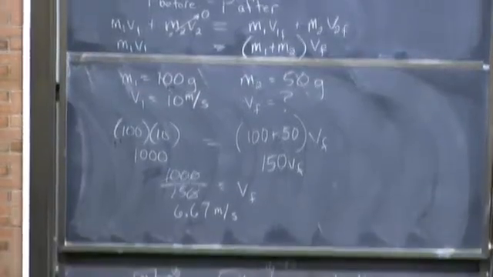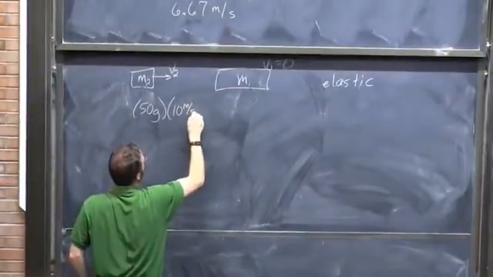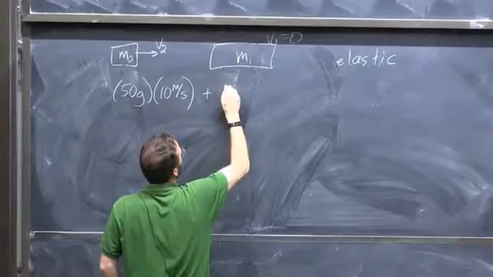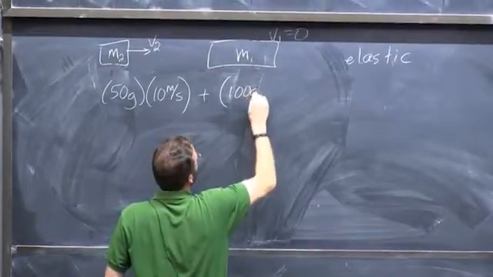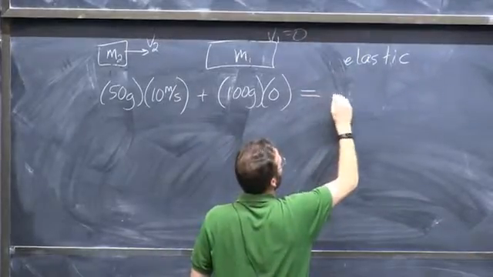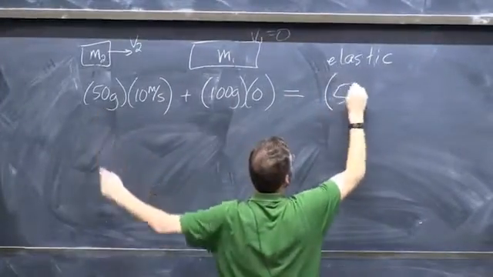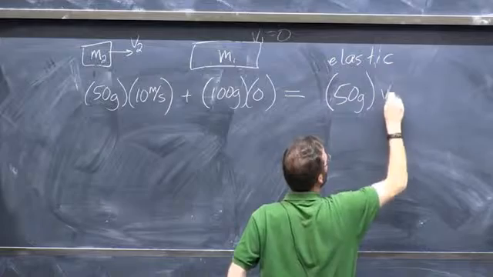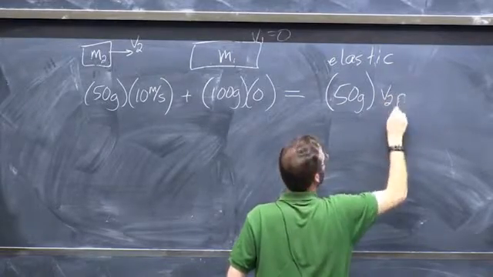Let's see, we got 50 grams going at, let's say, 10 meters per second, plus the 100 grams moving at 0. Afterwards, we have 50 grams again moving at some velocity, m2 final. We don't know that.